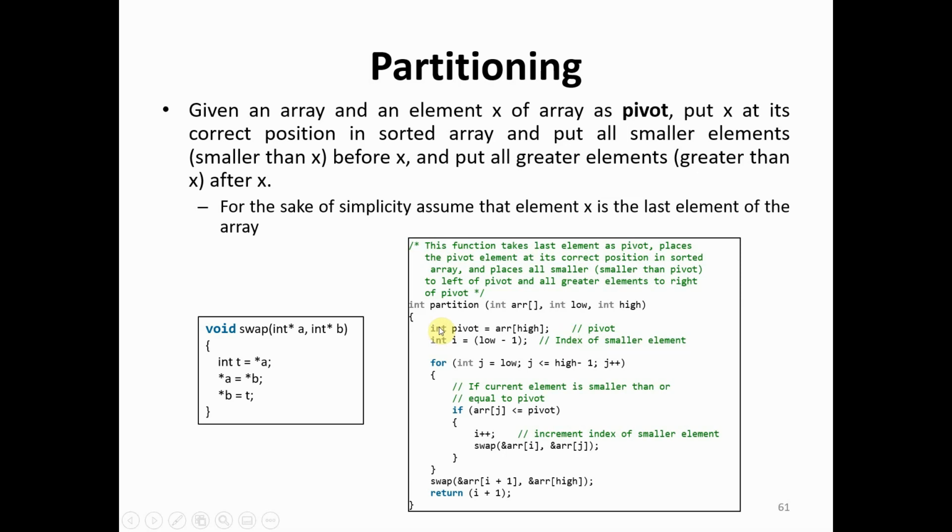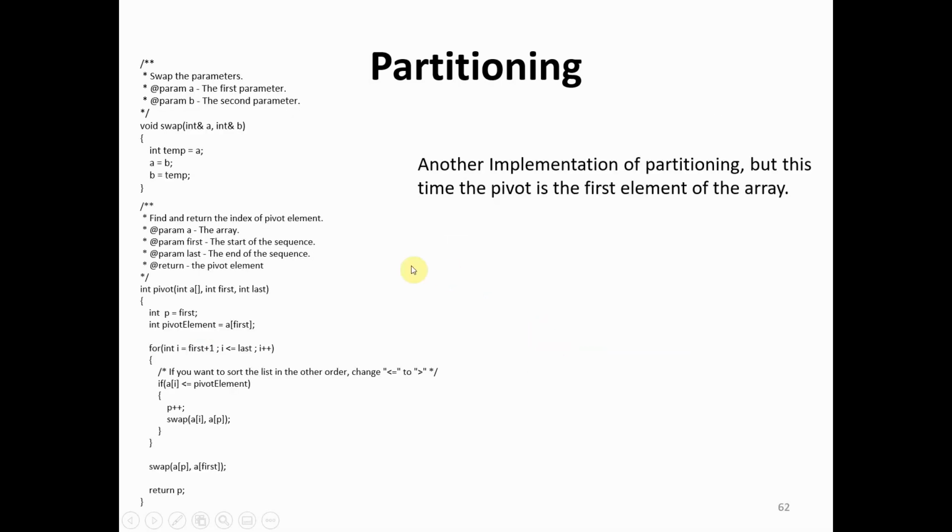So here we chose the pivot as the last element of the array, right? But we have freedom in choosing which element should be the pivot. In this program here, we have the same function, but we choose the first element as the pivot.